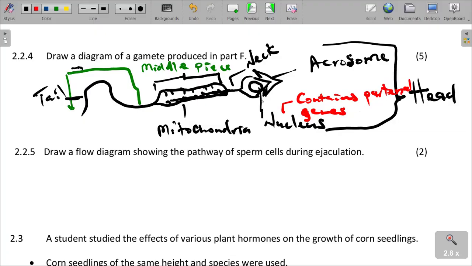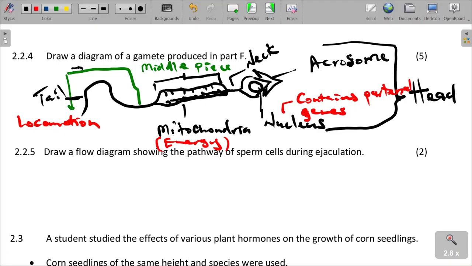The mitochondria provide the energy for sperm movement, and the tail promotes locomotion through its twisting and turning, which allows the movement of the sperm cell.